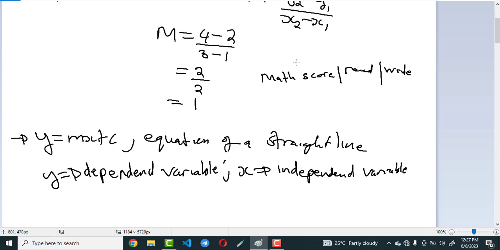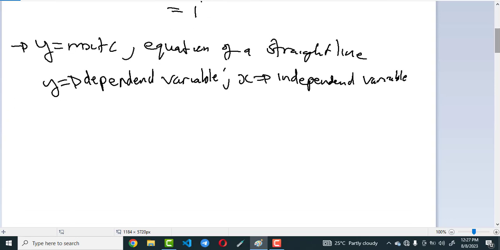The math score is the dependent variable, depending on the reading skill and the writing skill. These are x, the independent variables. Reading does not depend on writing, so these variables are independent. So y equals mx plus c is very useful and important in linear regression, and it is important to understand the concept behind it.